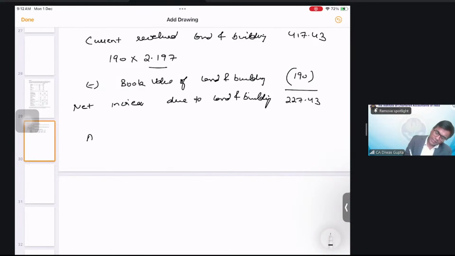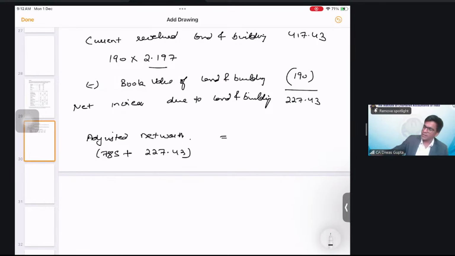So the adjusted net worth will be an increase to the existing net worth, which is 785 plus 227.43. This is what the increase is, which is 1012.43. Correct?